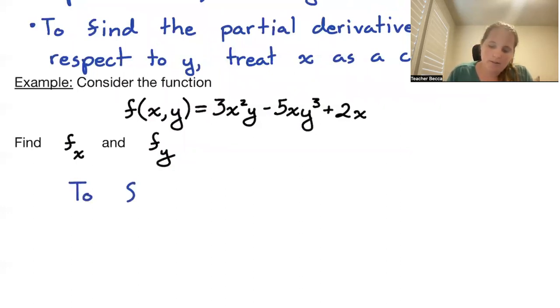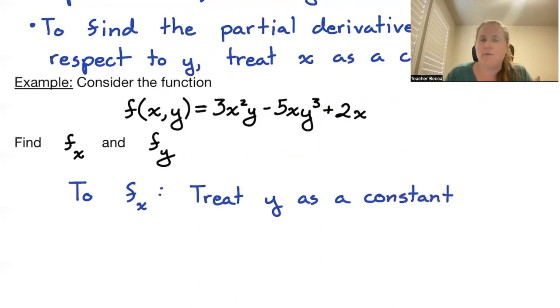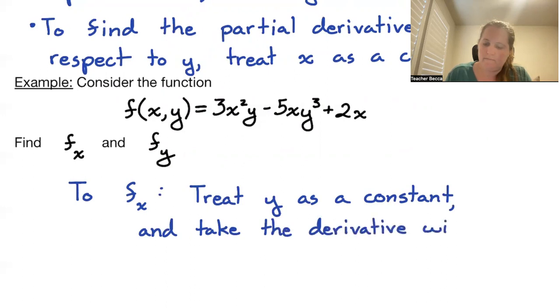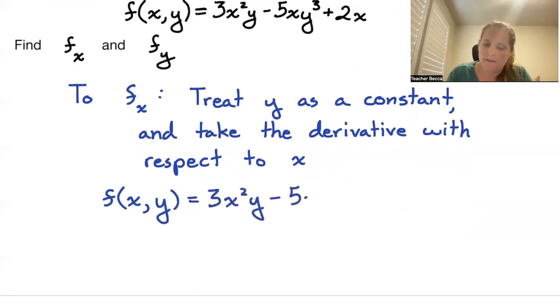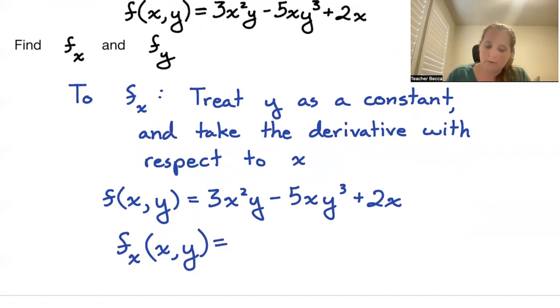To find fx, the partial with respect to x, we treat y as a constant and take the derivative with respect to x. 3x squared will go to 6x, and then we have times y.